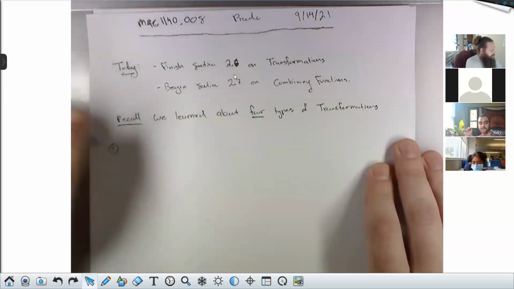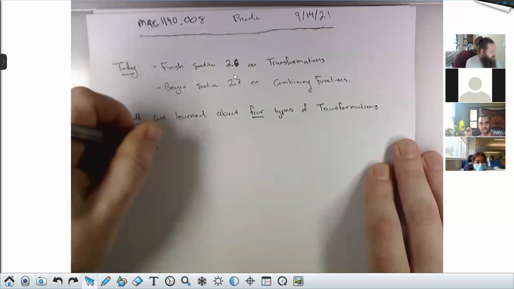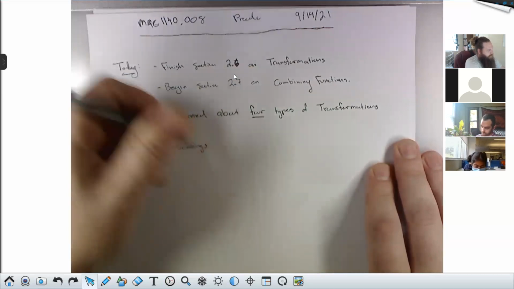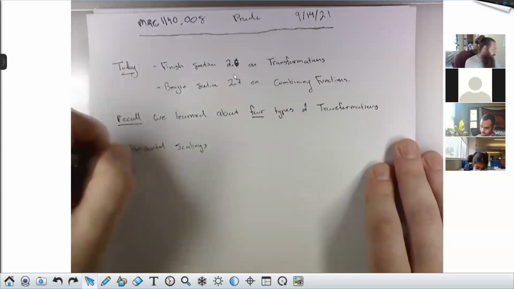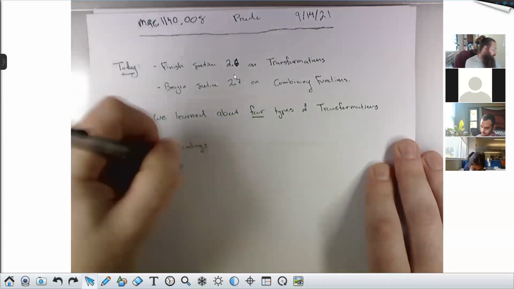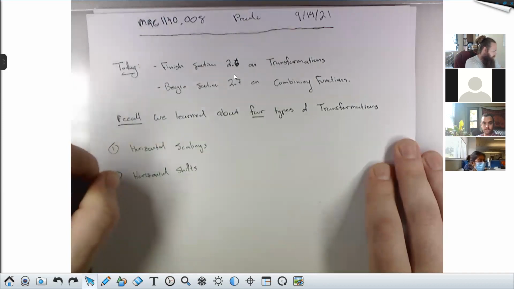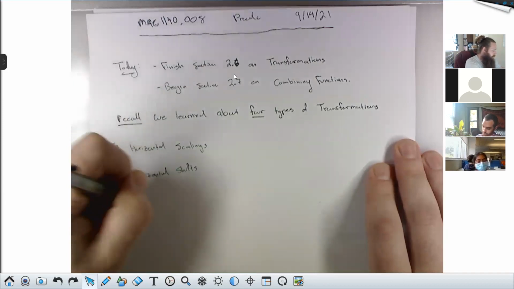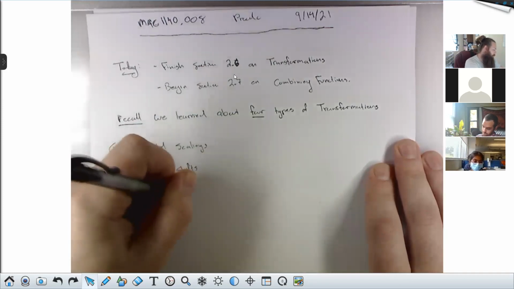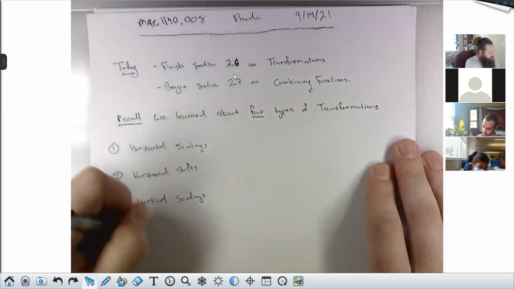And the order we want to perform them in are horizontal scalings, horizontal shifts, this comes down to vertical scalings, and vertical shifts.